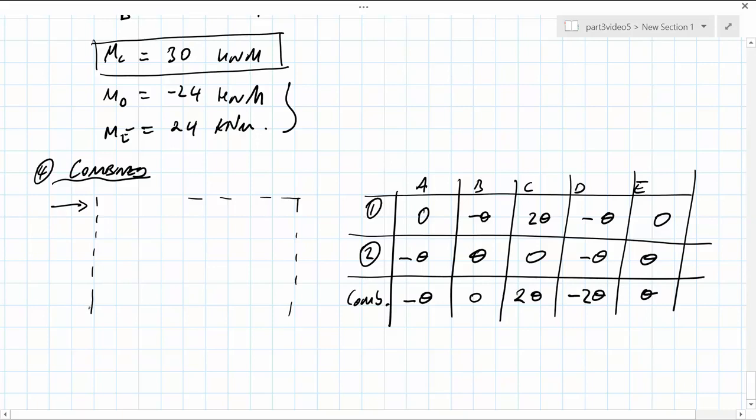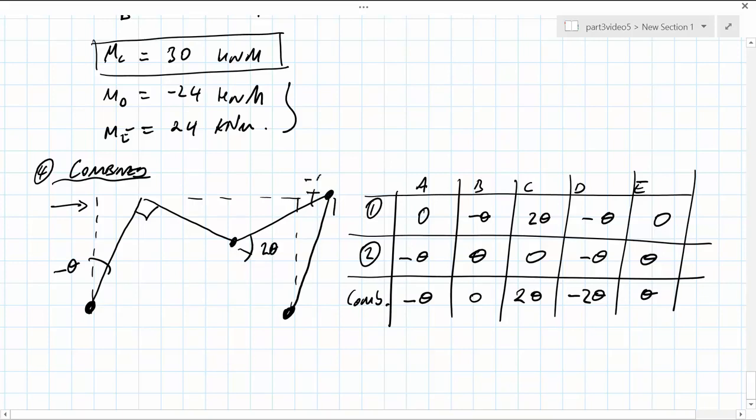So the combined collapse mechanism will look like this, with no deformations at point B, plastic hinges at all other locations, with angles minus theta, 2 theta, minus 2 theta and theta.